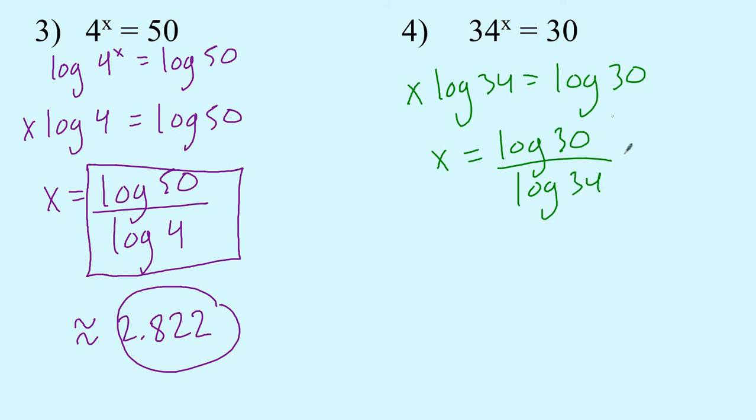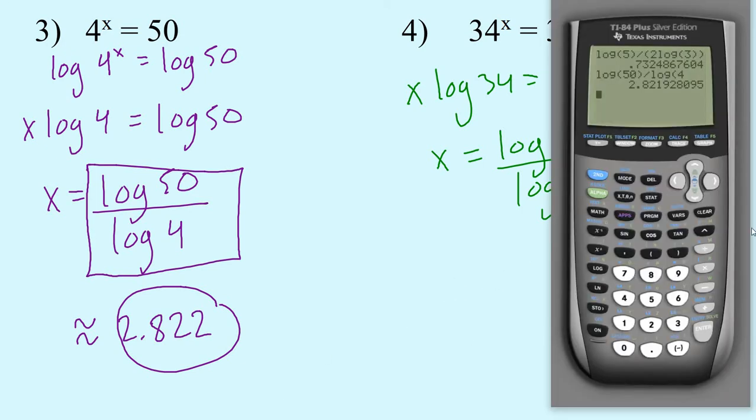So this is how most people write it. Again, you can write it as log base 34 of 30. It's the same thing. Just be careful, because I notice people tend to mess up their change of base, but you should be comfortable with this. The smaller number goes in the denominator.